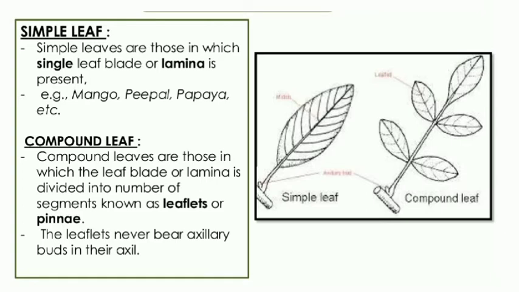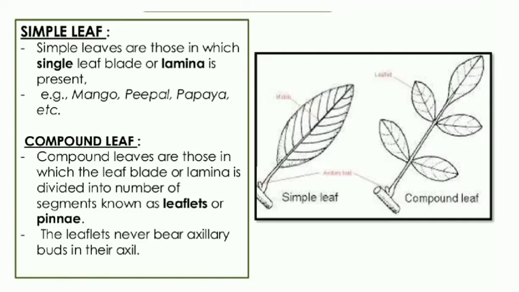Coming to the subject, when we say types of leaf, there are two basic types: the first one is the simple leaf, the second one is the compound leaf. Look at the diagram.